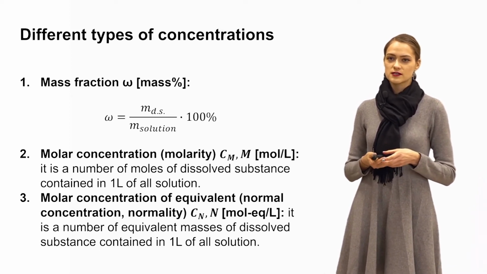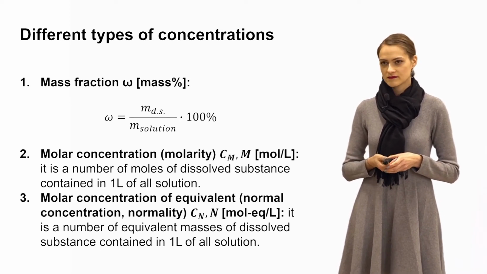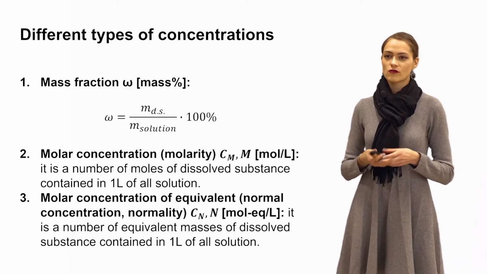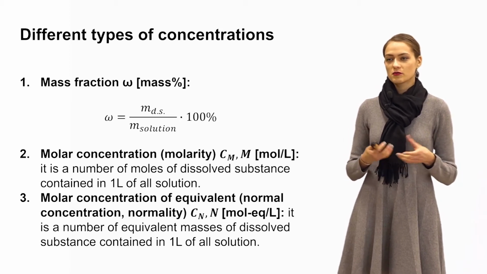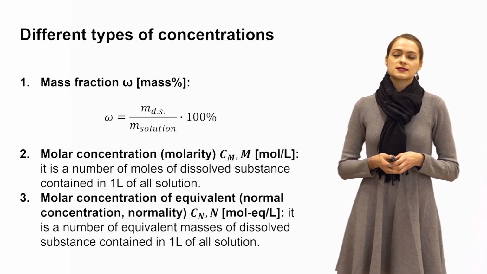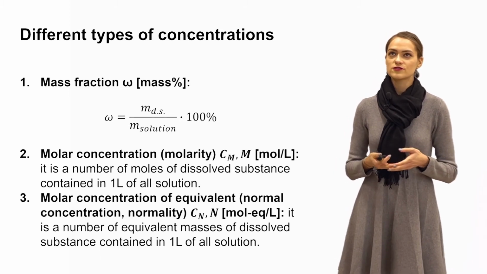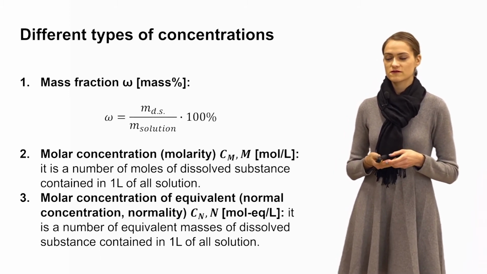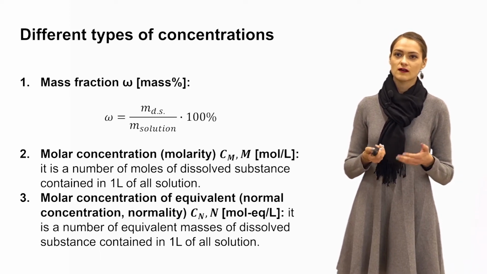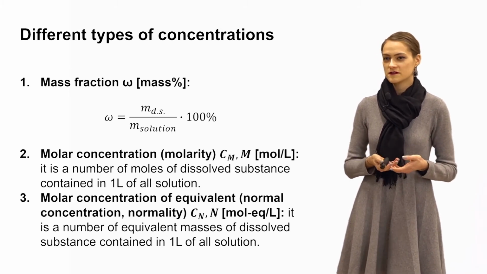So to calculate mass fraction, and as you see the unit here is mass percentage, we need to divide the mass of the pure substance by the mass of all the solution, multiplied of course by 100%. Sometimes we use mass fraction not for solutions but for a pure complicated substance. For example, we have an oxide, and we know that the mass fraction of sulfur in the sulfur oxide equals 50.